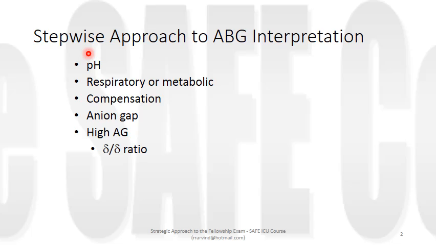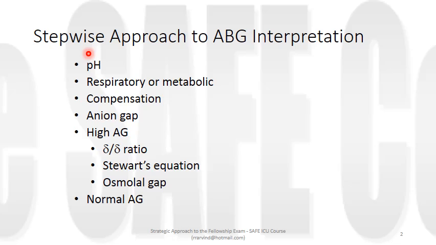If it's high, I additionally do the delta-delta ratio, and sometimes I use the Stewart equation, and then the osmolar gap, where I get the measured osmolality to determine whether there is an osmolar gap, in specific instances when I can't explain things. On the other hand, if the anion gap is normal, then I do a urinary anion gap to determine whether or not the kidneys are the culprit.